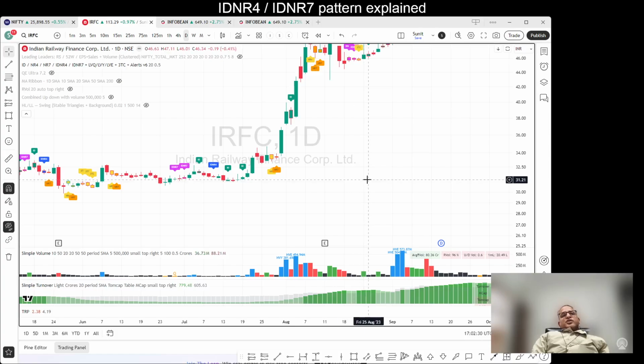Both patterns indicate a low volatility zone, and the market alternates between low volatility and high volatility. So when you see IDNR4 or NR4 or IDNR7 or NR7, you are basically catching the market at the coiled spring moment just before the release.